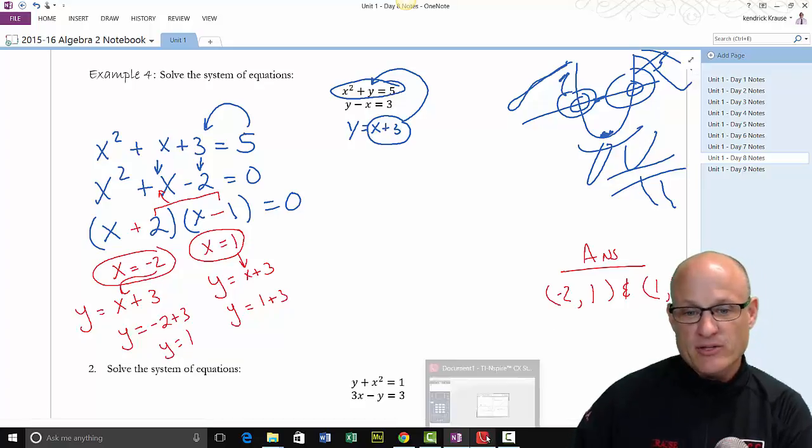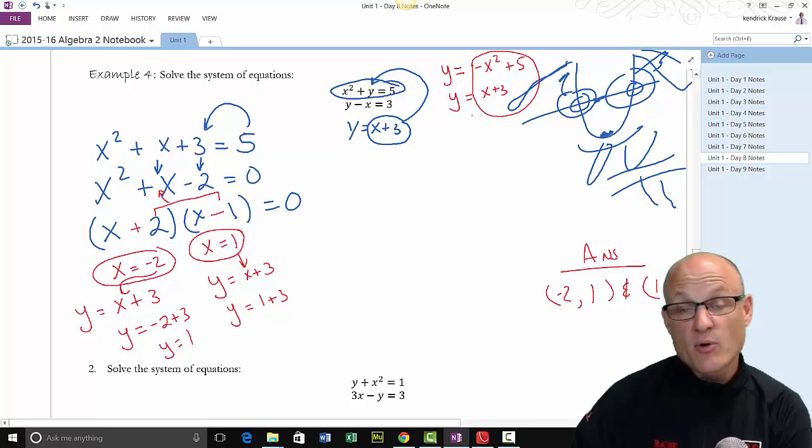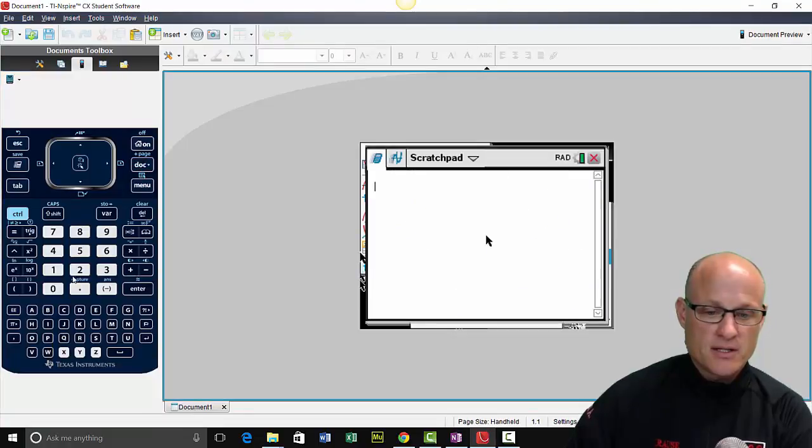Now, if you don't like this or you want to make sure that you're right, you could do this. This is y equals negative x squared plus 5, and this we figured out y equals x plus 3. I solved both of these for y. I could go to my calculator, doc B and calculator mode.